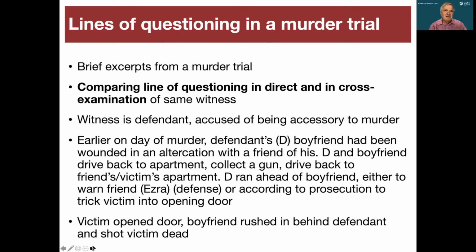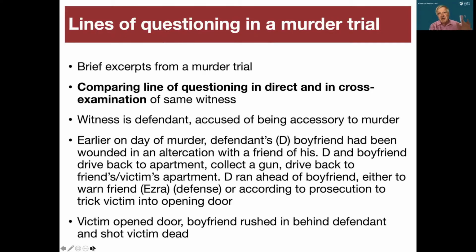The defendant and her boyfriend drove back to their apartment. They collected a gun, and then they drove back over to the apartment block where the victim, this friend, lived. The prosecution case is that the defendant ran ahead of her boyfriend.